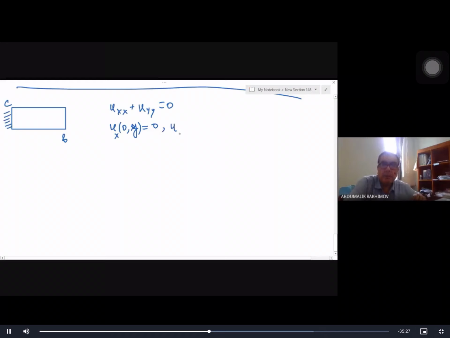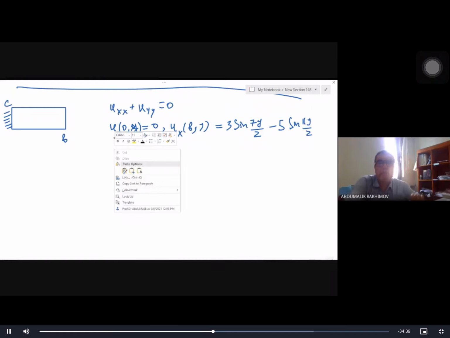Then ux at B is equal to, let's say, 3 sine 7 pi y over 2 minus 5 sine 11 pi y over 2.